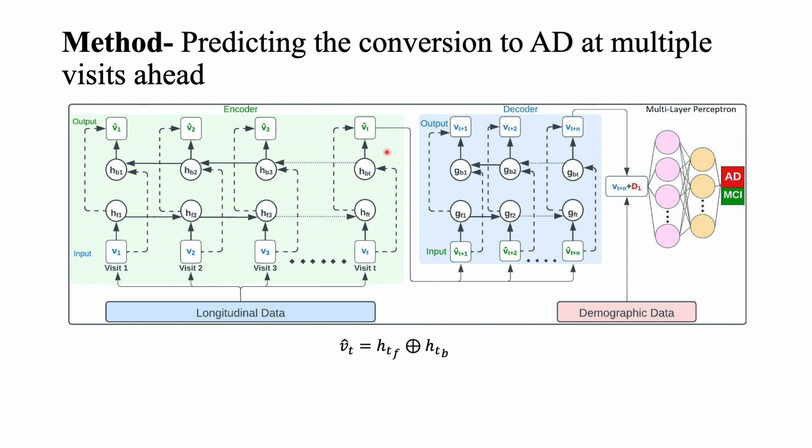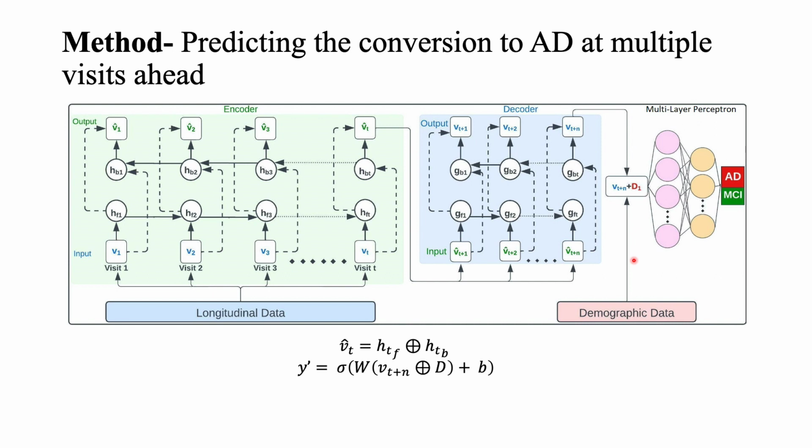After we get the latent representation, it is going to be used by the decoder part to generate multiple visits ahead, let's say n visits. Then the last visit is going to be concatenated with the demographic data to feed the multi-layer perceptron to predict the diagnosis at that visit using this formula.